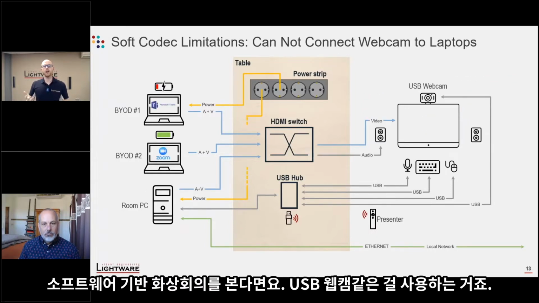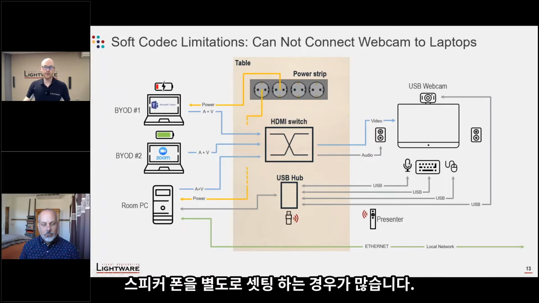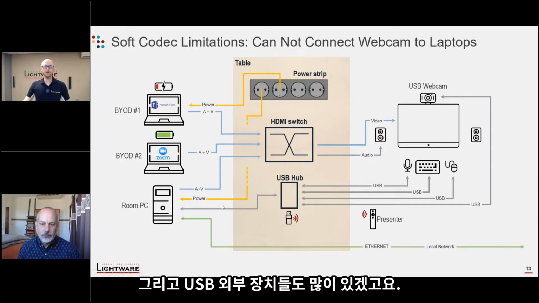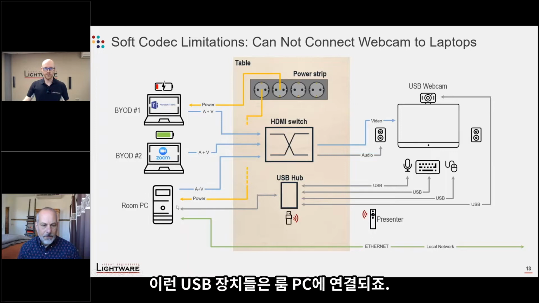Let's see a soft codec version where you don't have a hard codec like Cisco. So we have a USB webcam. We might have a speaker phone because the microphone of the webcams is not that great. So we have a lot of USB peripherals. Again, they are connected to the meeting room PC.